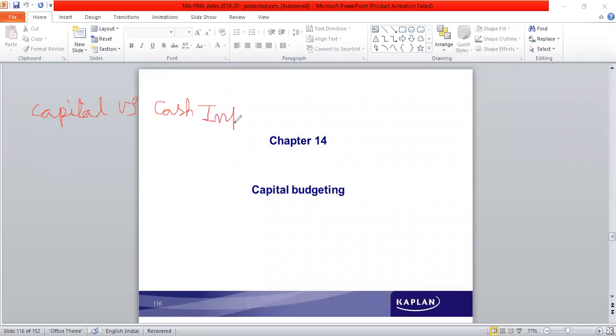But do we see that inflows come only for 1 year? They are spread over a number of years in the future. So starting from 1, 2, so on till the nth year, cash inflows would be earned.